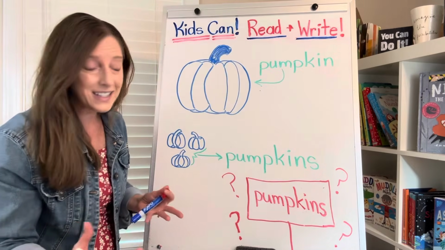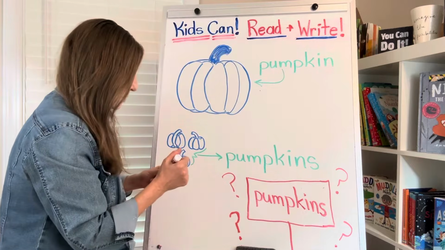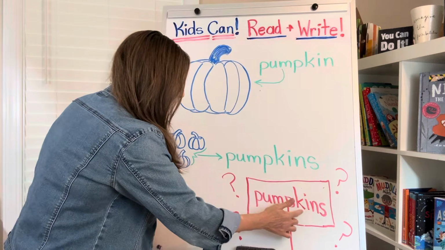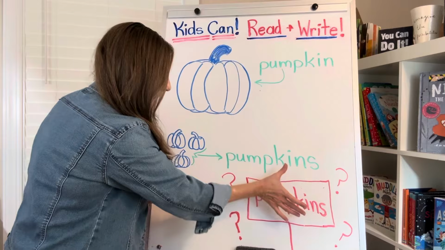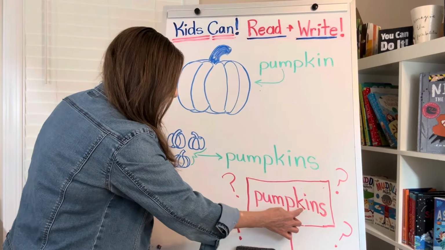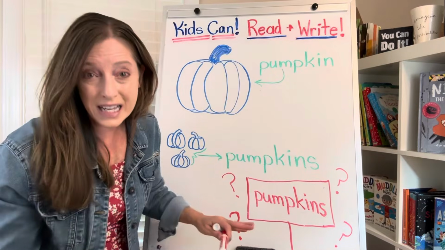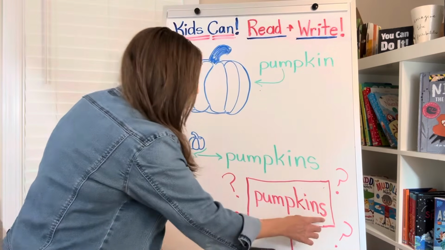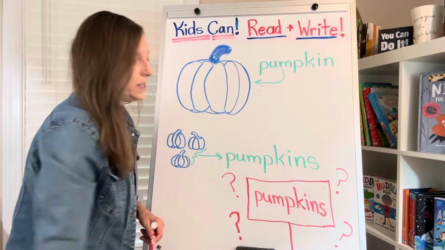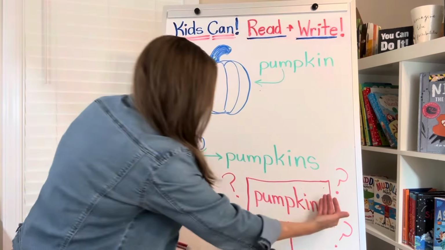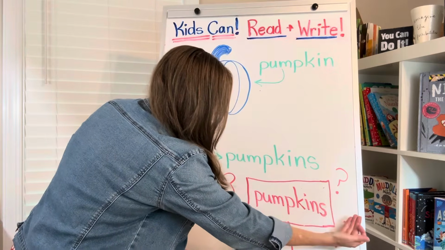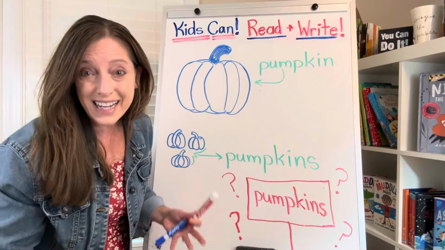See the difference? So two things. We want to make sure K's look like this if they're lowercase, not that giant mouth, but that short mouth. And if we want more than one of something and nothing belongs to it, just add an S. Pumpkin is like this. Pumpkins, you just add an S.